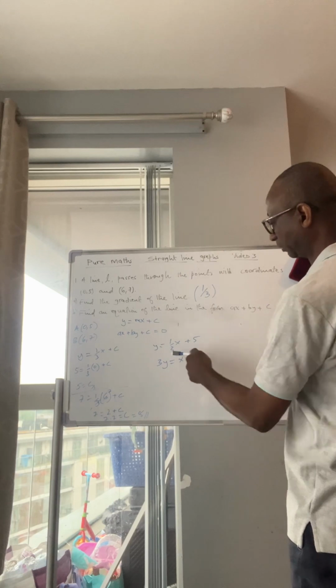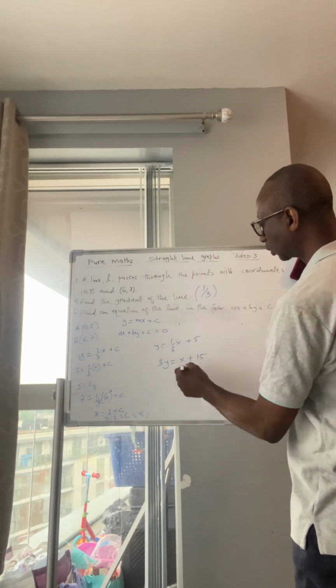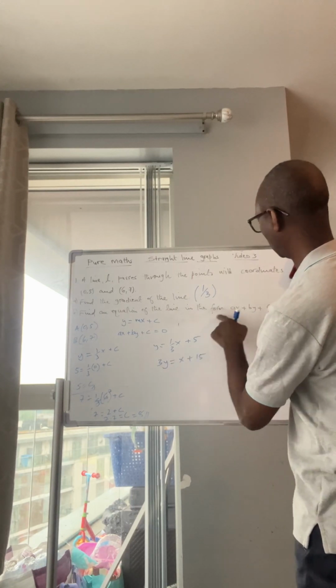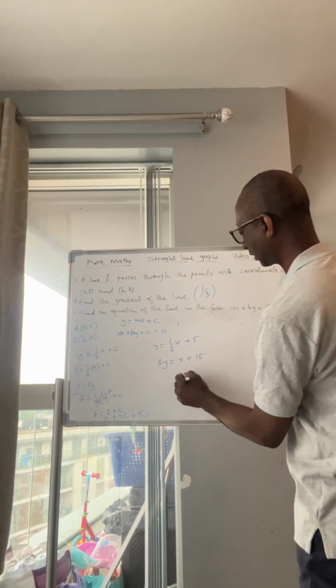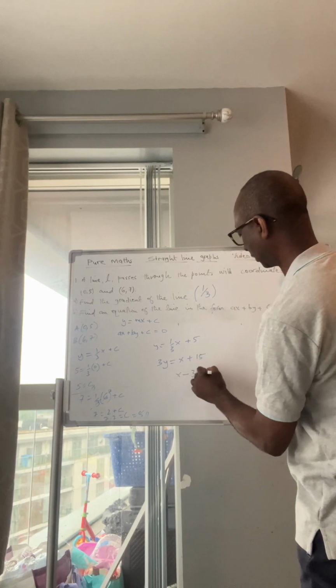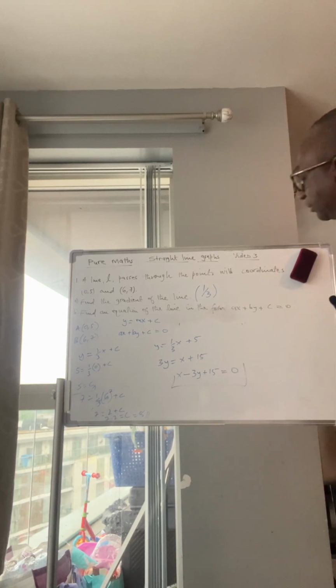Yeah? Multiply this by 3. So you now have ax plus by plus c equals 0. So you now have x minus 3y plus 15 equals 0. So this is the equation they asked you to find.